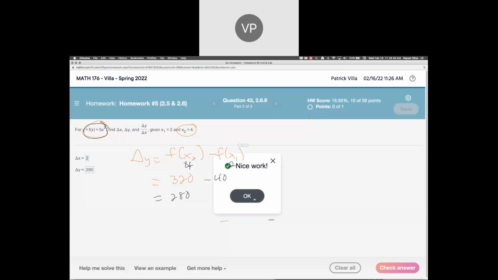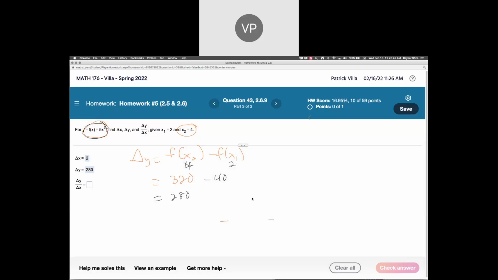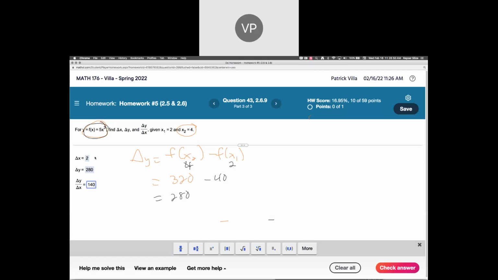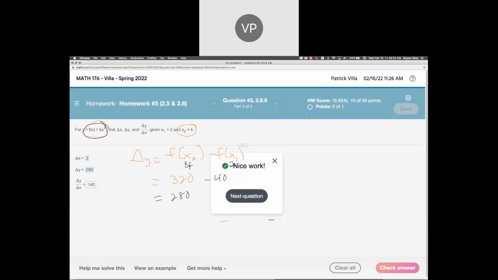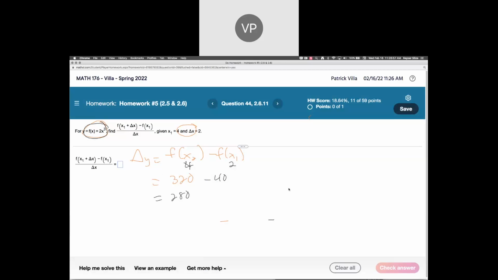Don't put a plus when it should be a minus or vice versa. Now we're going to do delta y over delta x. If you've gotten both of these correct, you're going to see 280 over 2. All you do is divide them, and that's how we get our 140. Okay, so that's it for that first problem. Again, pause and look this over if you have any questions.